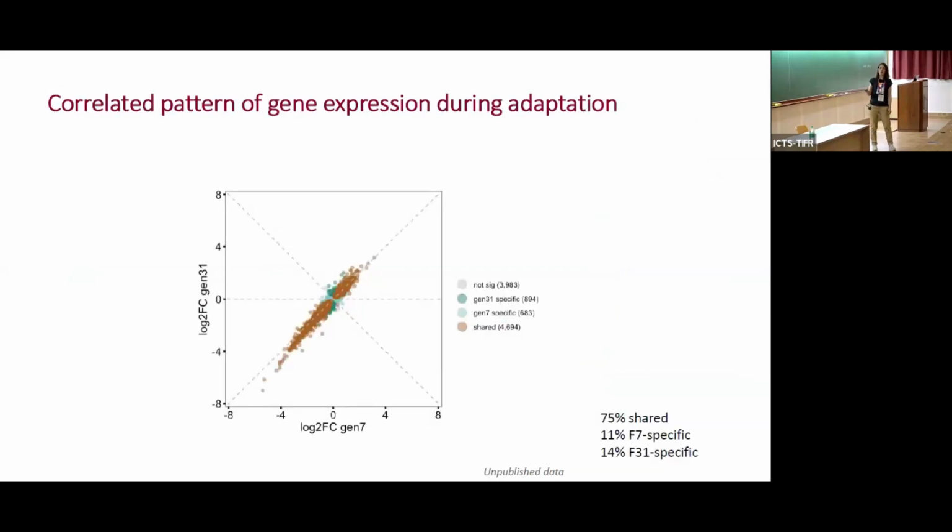And when we look at the correlation of gene expression fold change after 7 or 31 generations compared to our founder population, we observe this nice correlation, and almost 75% of genes are shared, which basically means that the magnitude of change at generation 7 and 31 is highly parallel. But we have around 11 or 14% of genes that are specific to each of those time points.